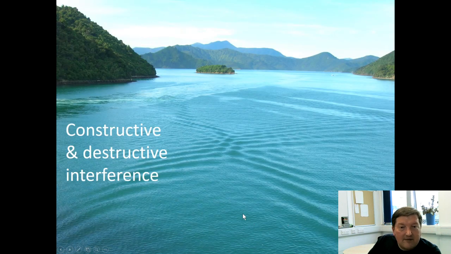Okay, and there's another property of waves, and that is their ability to show constructive and destructive interference. You might have seen this in a river, say, when two boats get past one another, the waves extend outwards and then they interact either in a constructive or destructive fashion.